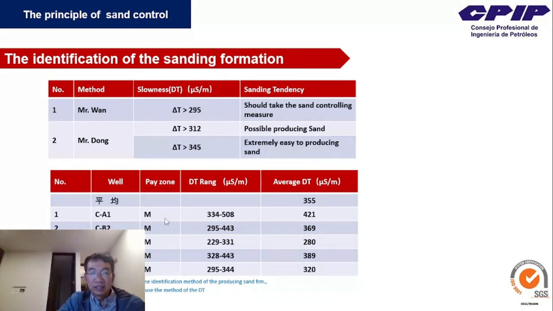The CA1 pay zone is all the M. The delta T of A1 is 334 to 500, and B2 is 295 to 443, and L11 is 228 to 331, and R30 is 328 to 443, and Z9 is 295 to 344. These five wells all produce sand.